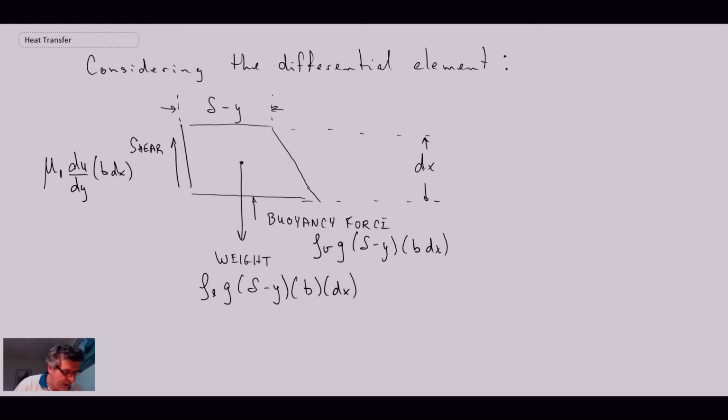He then looked at the downward force and said that it was equal to the upward force. With that, he had a balance between weight and viscous shear plus buoyancy.